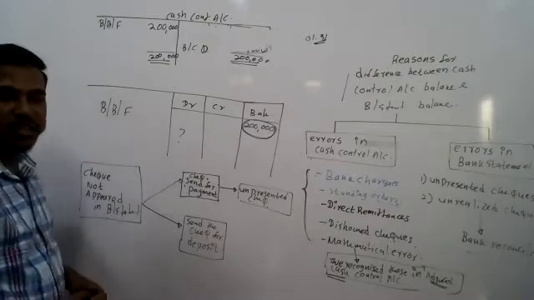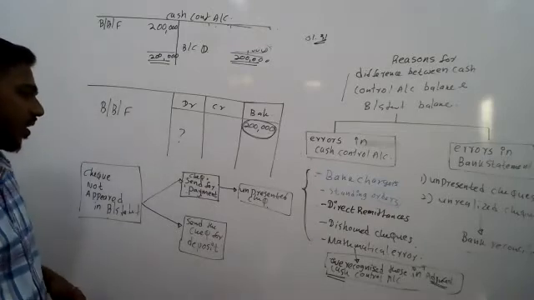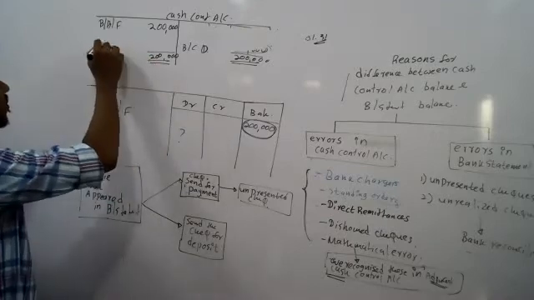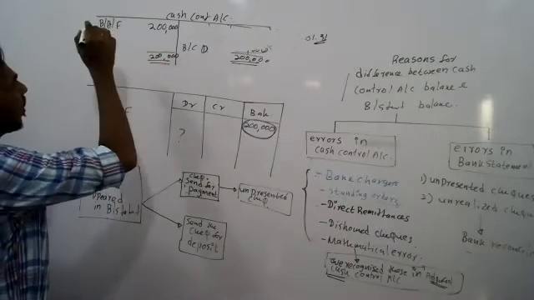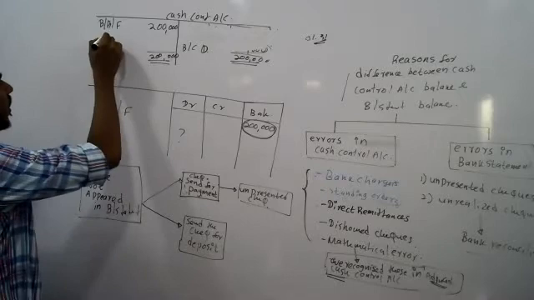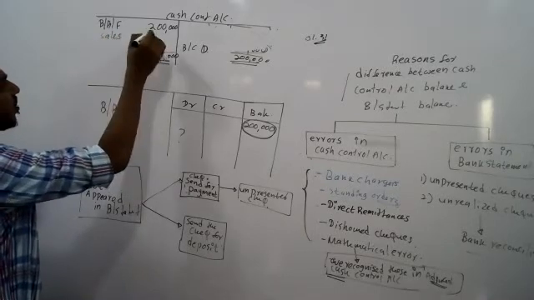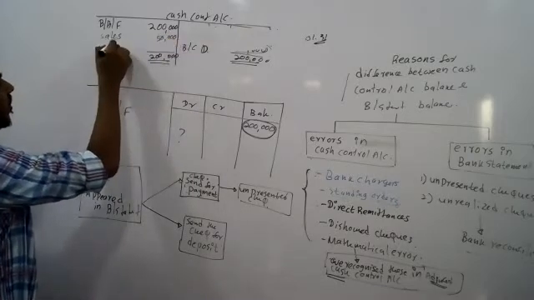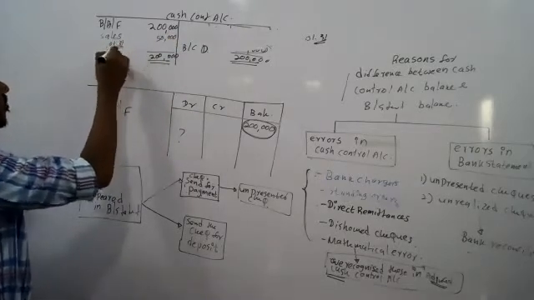Now we are going to send the check for deposit. Say Kanchana's business received a check of rupees 50,000 on January 31st, early in the morning.